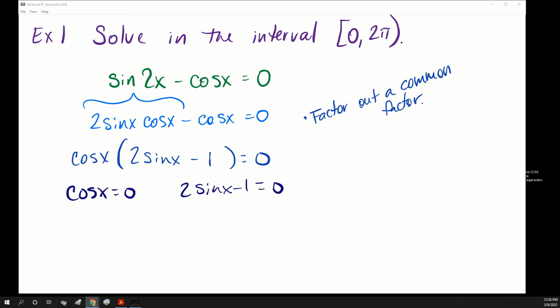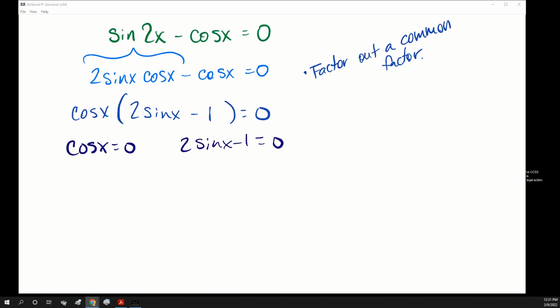So if you multiply those and get 0, it means one of them is 0. That doesn't work for any other number. Like if it equaled 1 and you set them both equal to 1, that doesn't work. I mean, 1 times 1 is 1, but so is 2 times 1/2 and 3 times 1/3. So it has to be 0 if you're factoring, or otherwise it's not going to work.